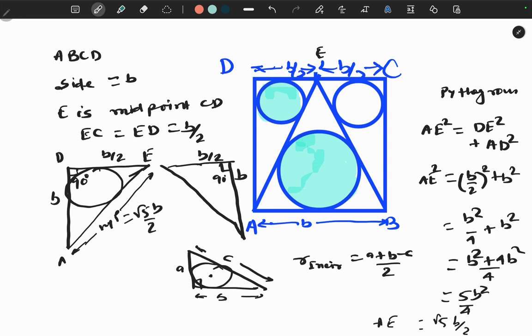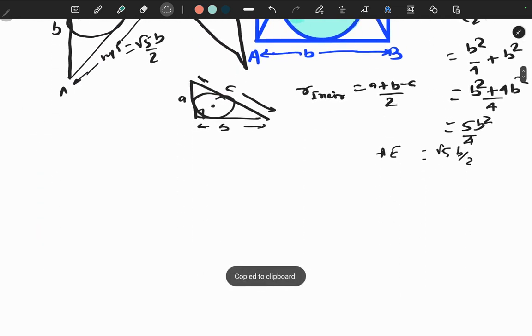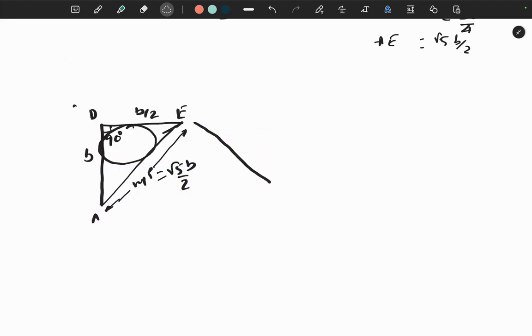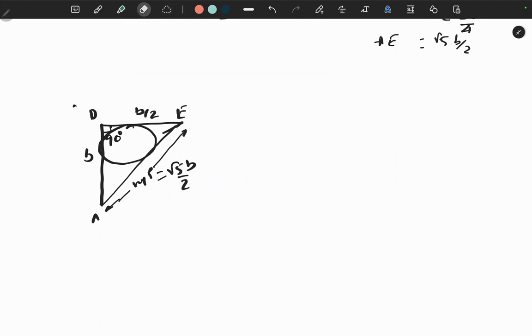Now the moment I get the hypotenuse here, I can find the inradius of this particular circle. So let us find the inradius of this circle. In this, I have one side as b, one side as b by 2, and the hypotenuse as root 5 b by 2.